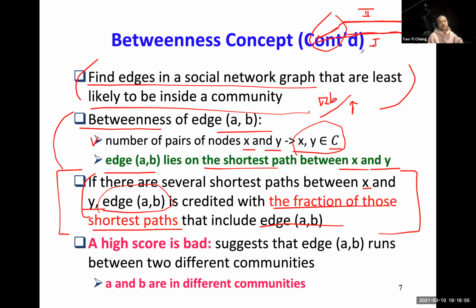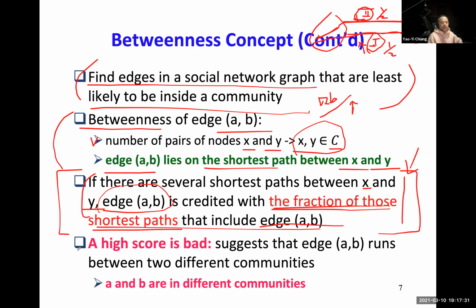And in this case, you will need to credit half of the shortest path to Russian bridge 1 and half to Russian bridge 2, just to be fair. Just to say, if someone randomly chooses the shortest path, there is a 50% chance it will go through Russian bridge 2 and a 50% chance it will go through Russian bridge 1. So that's the fraction of the shortest paths that include edge AB. And we're going to see one example on how to calculate this, so don't worry if you don't understand it now.